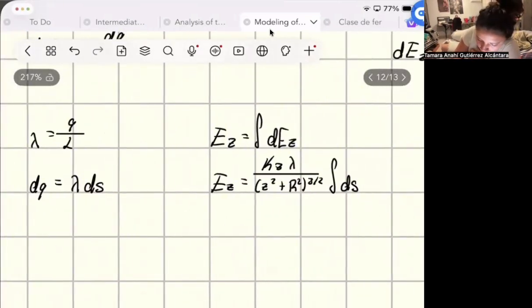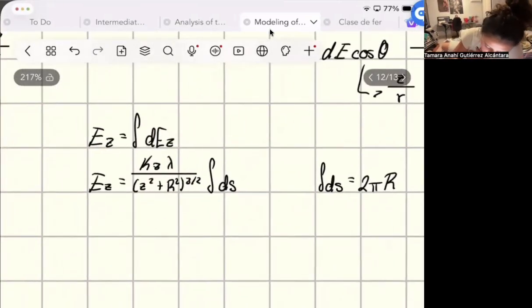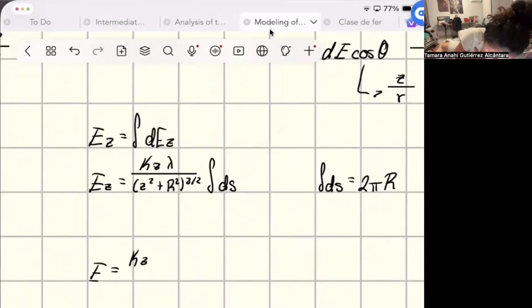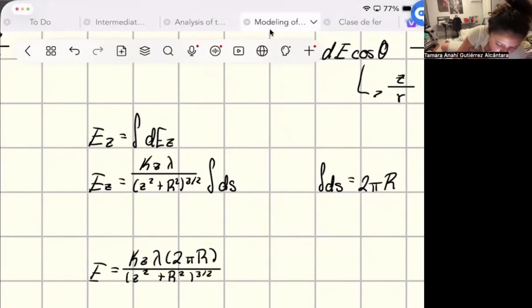So E equals k z lambda 2πR over (z squared plus R squared) to the 3 over 2.